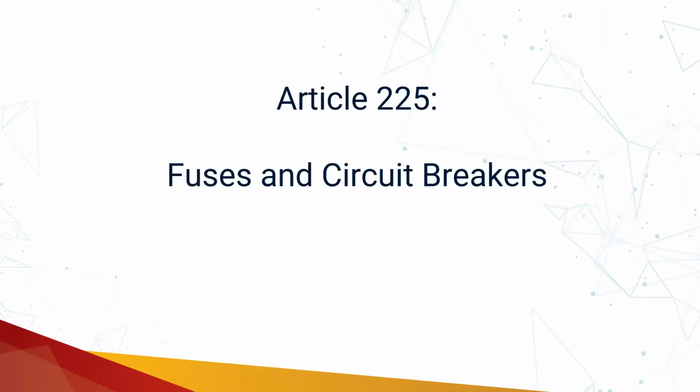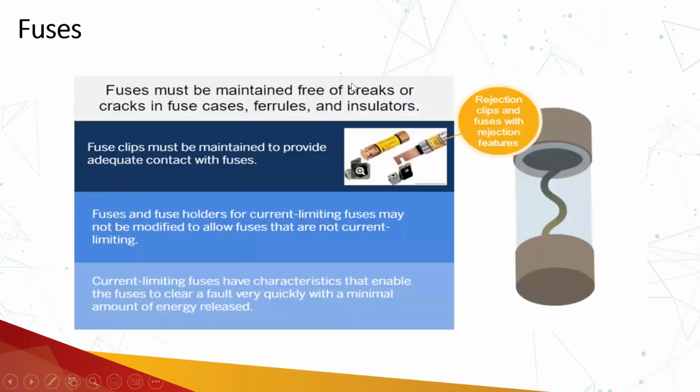Fuses and circuit breakers. Article 225 talks about how fuses must be maintained free of breaks, cracks, or any visual damage. The fuses should not be replaced with fuses having a higher rating. That is not allowed. If we are using current limiting fuses, they shall not be replaced with non-current limiting fuses in the system.